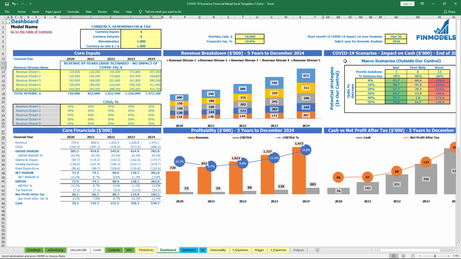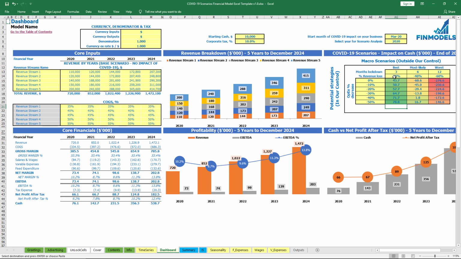So you see these charts with the base scenario, and here we have scenarios to add a month's lockdown. So we can have up to 3 scenarios, and we say the best scenario will be 3 months lockdown, most likely 6 months lockdown, and worst 12 months.